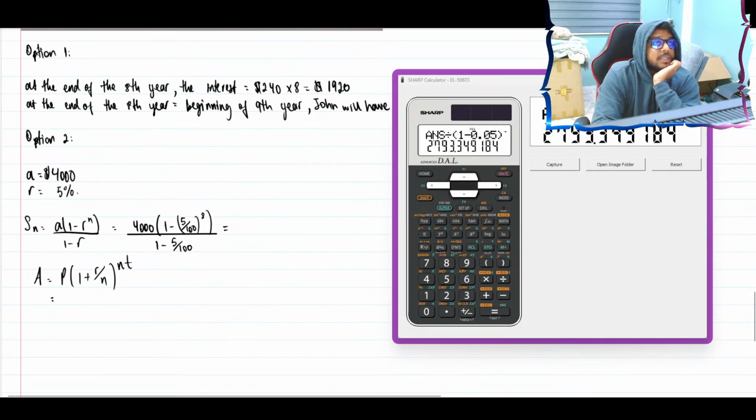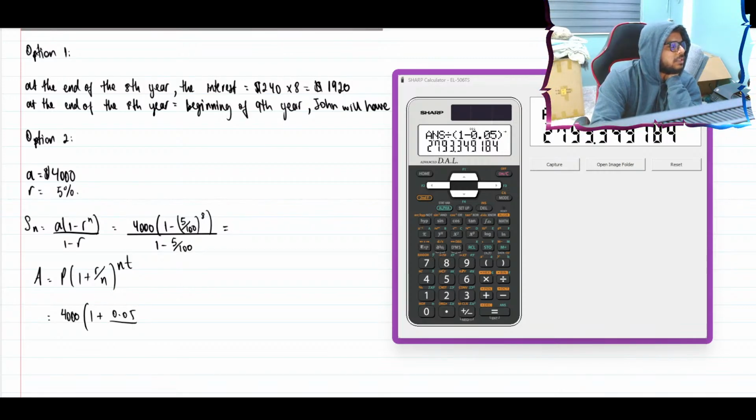Now it's not a formula you're going to have to learn in Additional Maths. It's an accounts formula, but I see it come up, right? 4,000 into 1 plus 5%, which is 0.05 over n.